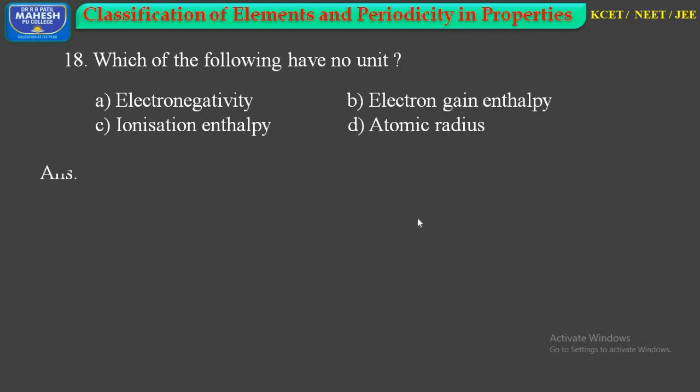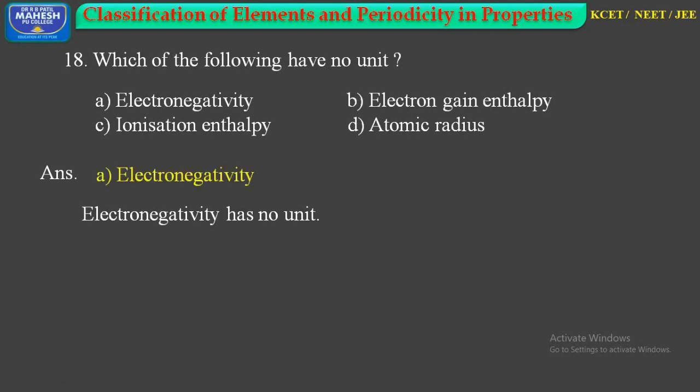Students, electronegativity doesn't have any unit, whereas electron gain enthalpy and ionization enthalpy has the unit of kilojoules per mole, whereas atomic radius is measured in terms of picometer, but electronegativity doesn't have any unit. So the right answer is option A, electronegativity.